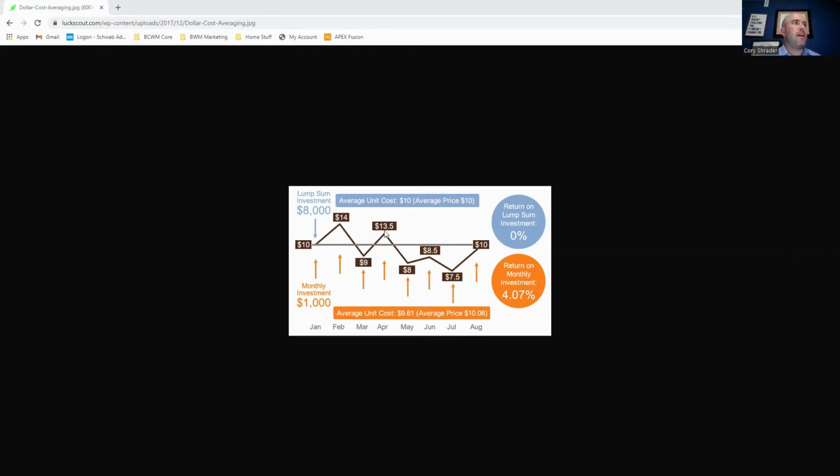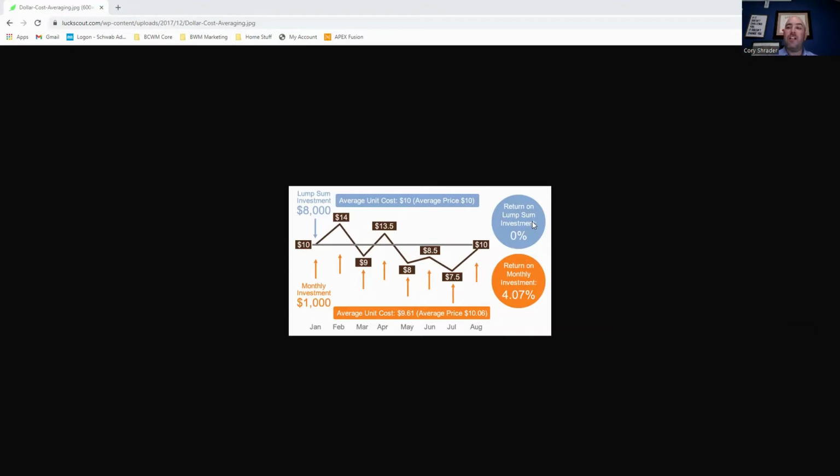Well, what if it shoots back up and shoots back down, shoots back up, shoots back to our original $10? Well, what we're looking at here is that if you would have just dumped in that 8 grand, you would have made $0 from January 1st to September 1st. You would have made zero money.